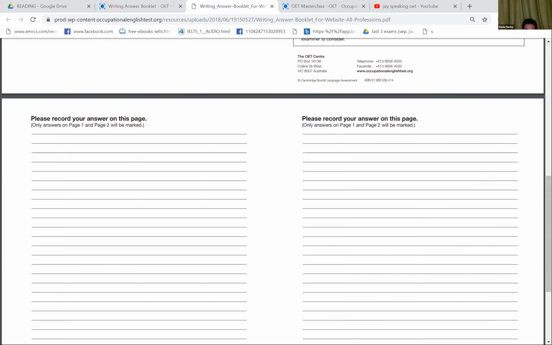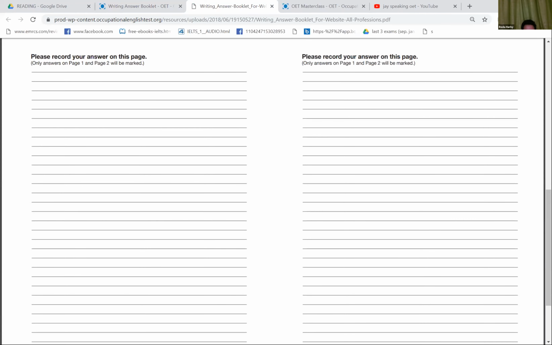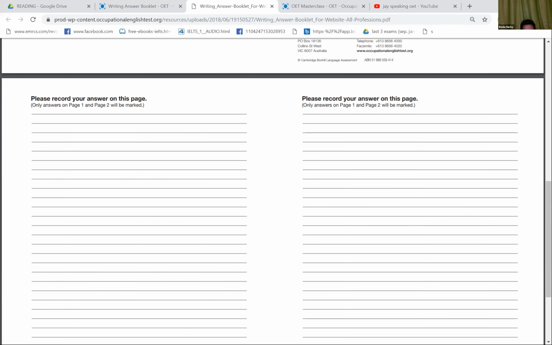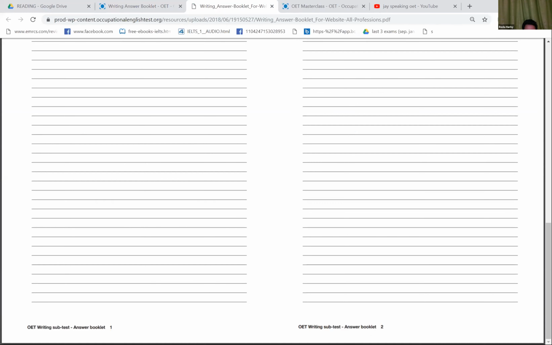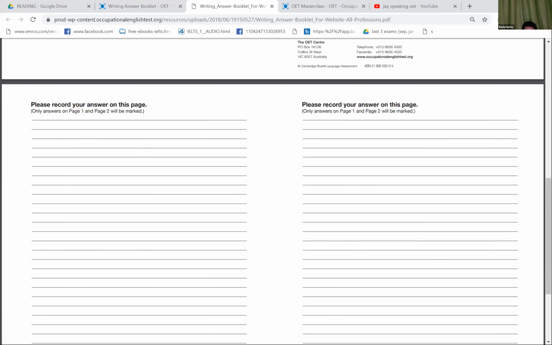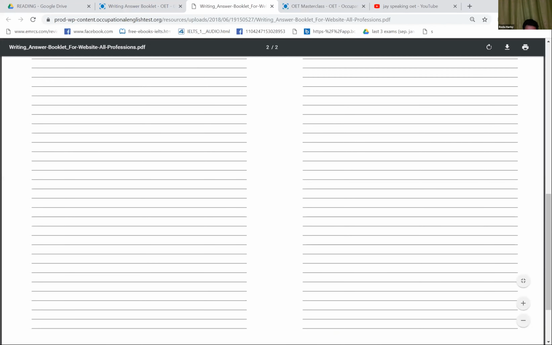By the way, you will need to print this to make use of the writing paper. So you will download this too and print many copies for you to write from the beginning. So this will be the answer booklet. By the way, this will be two separate papers.